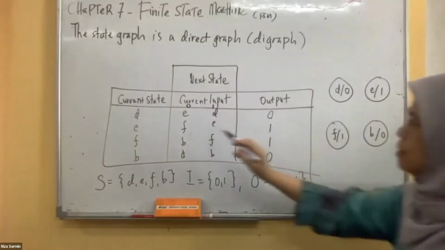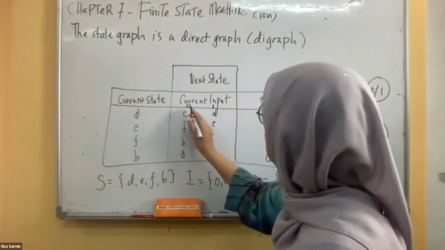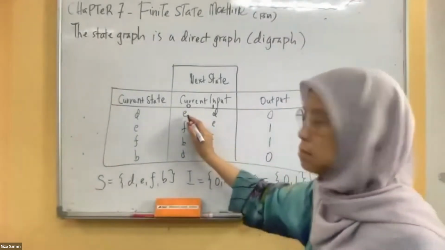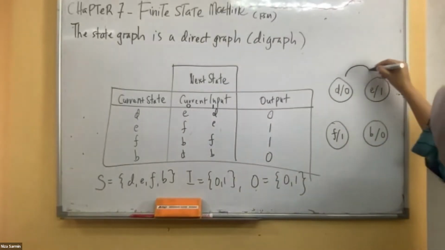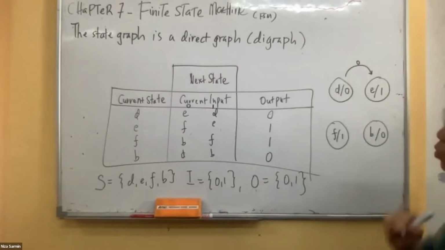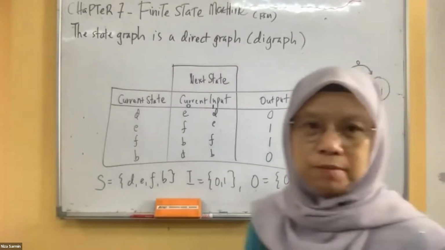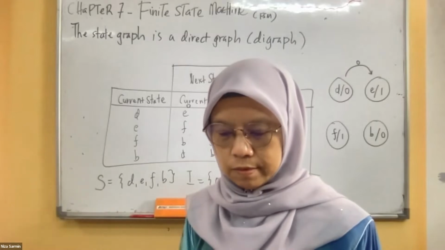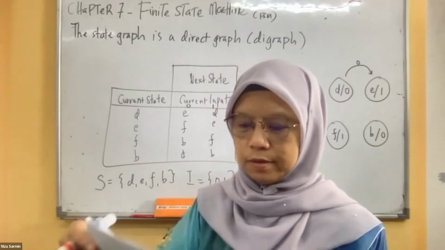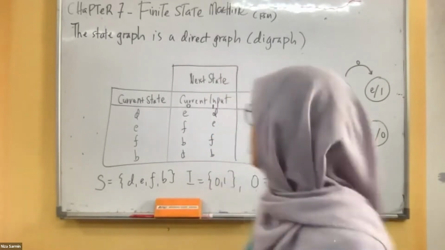So D under 0 goes to E. D under 0 goes to E. So you have this under 0. It becomes the edges. Right? D under 0 goes to E.